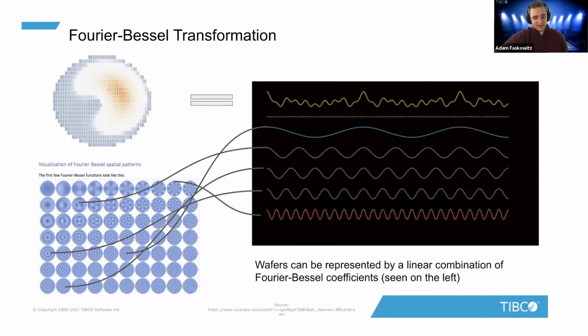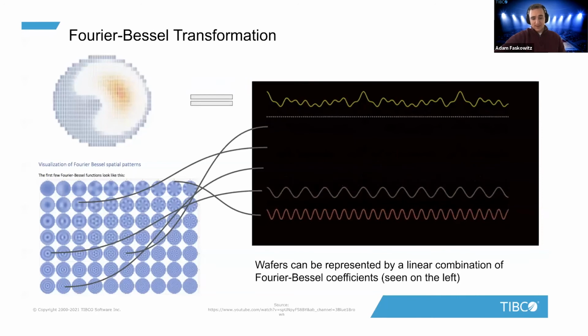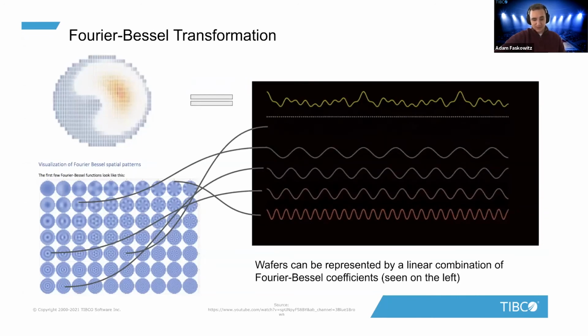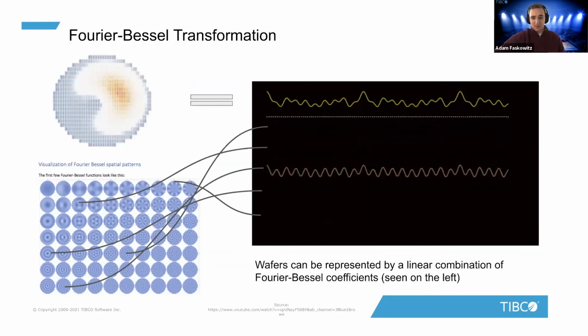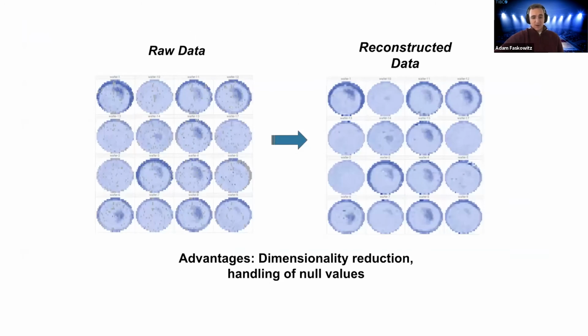So, and this is very valuable because it's going to help us with filling out those null values, and it's going to help us break down our data. So on the left here, what you're looking at is our original raw wafer data. You can see that it has those gray null values in here, and it has all sorts of forms of noise that you might expect in a wafer map.